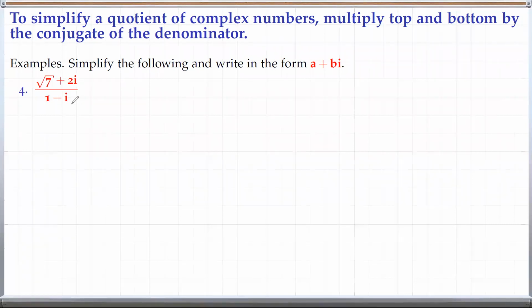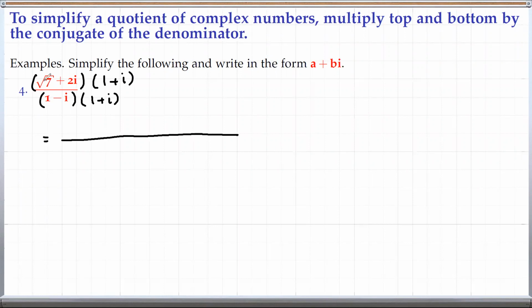Here is the next example. Again, the same idea. We just multiply top and bottom by the conjugate of the denominator, which is 1 plus i in this case. So just multiply top and bottom by 1 plus i, and let's see what that gives us. So square root of 7 times 1 is square root of 7.